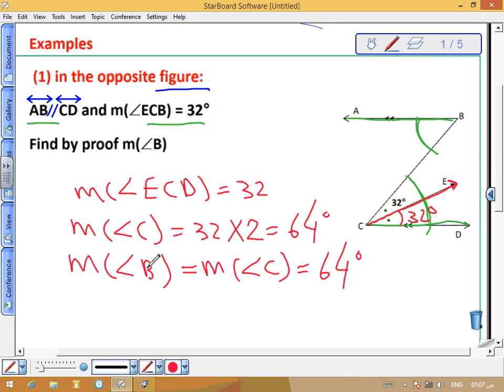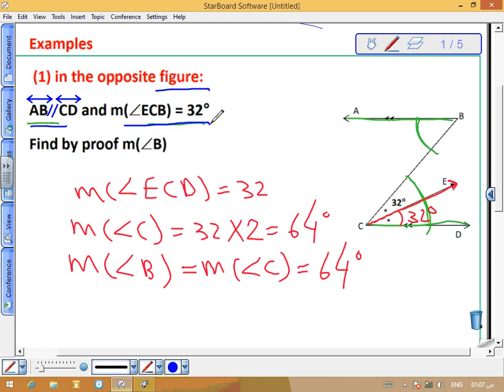When we look at the text representing the problem and its solution, okay, let's read the problem from the beginning. The problem begins with AB parallel to CD and measure of angle ECB equals 32 degrees.